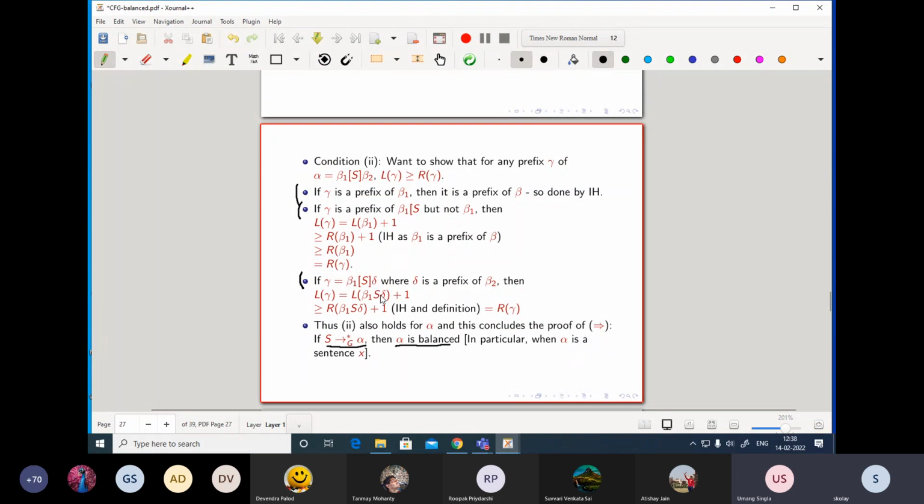Delta could be epsilon. Okay, ma'am. We need to argue, condition 2 was that you give me any prefix of X, the surplus function for that prefix should be greater than equal to 0. So that's what we needed to check.